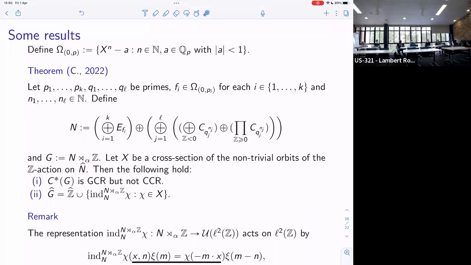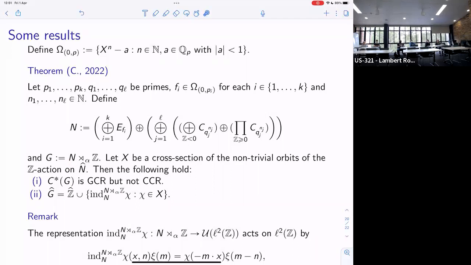And if we pick a cross-section X of the orbits of this action, then the unitary dual is precisely, we get all the characters of Z which act trivially on the normal subgroup N, and the unitary dual of Z is precisely just the torus. And we also get all these representations which we call induced representations of characters from this normal subgroup N. This is the unitary dual of these groups.